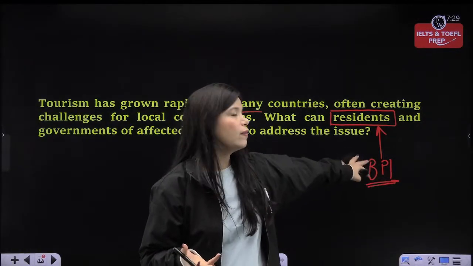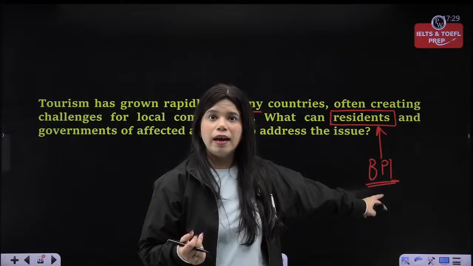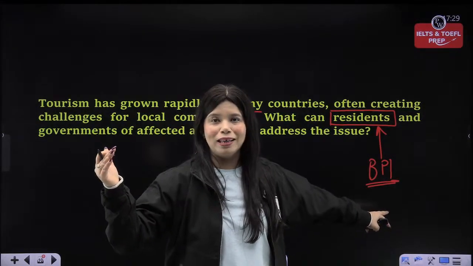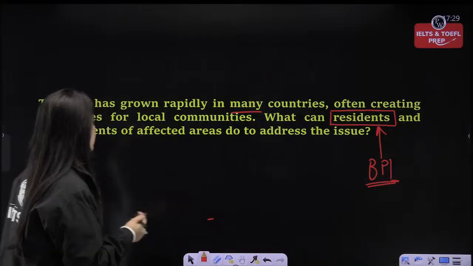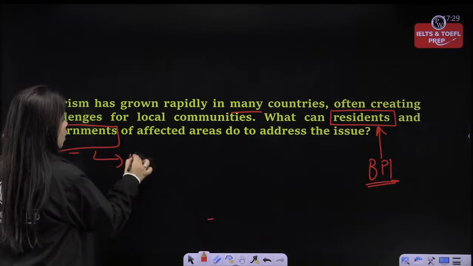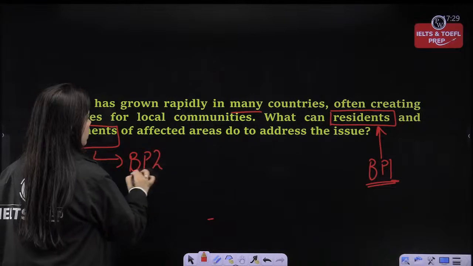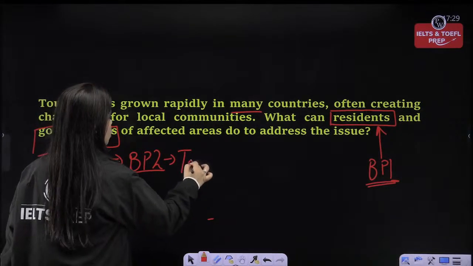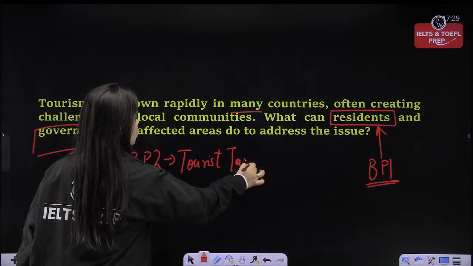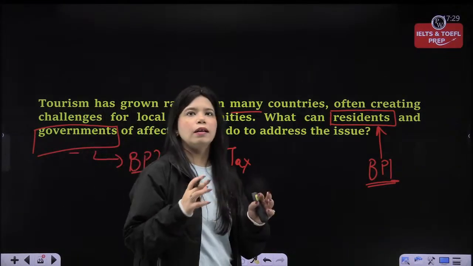So वहाँ पे रहने वाले लोग क्या कर सकते हैं? That kind of solution is needed from local communities perspective. And then body paragraph 2 will be solution from government angle, which we already saw that they can bring up tourist taxes, they can promote ecotourism. So government wala angle to हमने देख लिया.